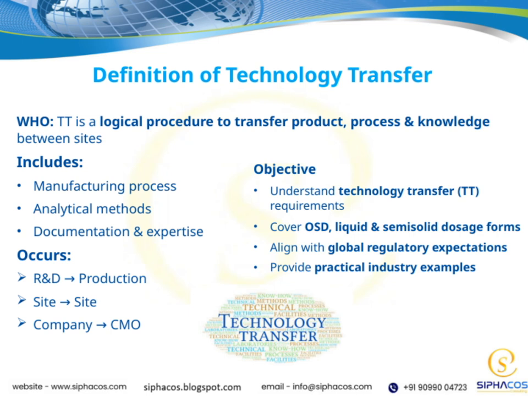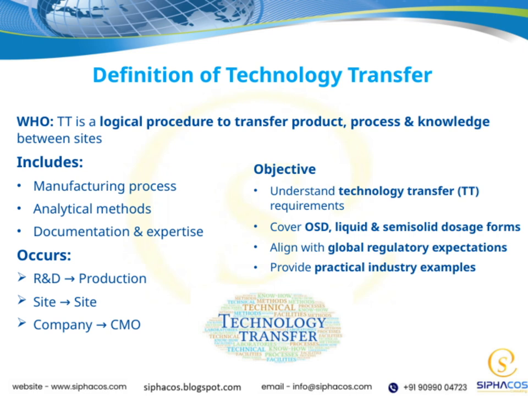So, what exactly is technology transfer? According to the World Health Organization, TT is a logical and systematic process used to transfer product, process, and knowledge from one site to another. This includes everything from the manufacturing process and analytical methods to documentation and expertise.